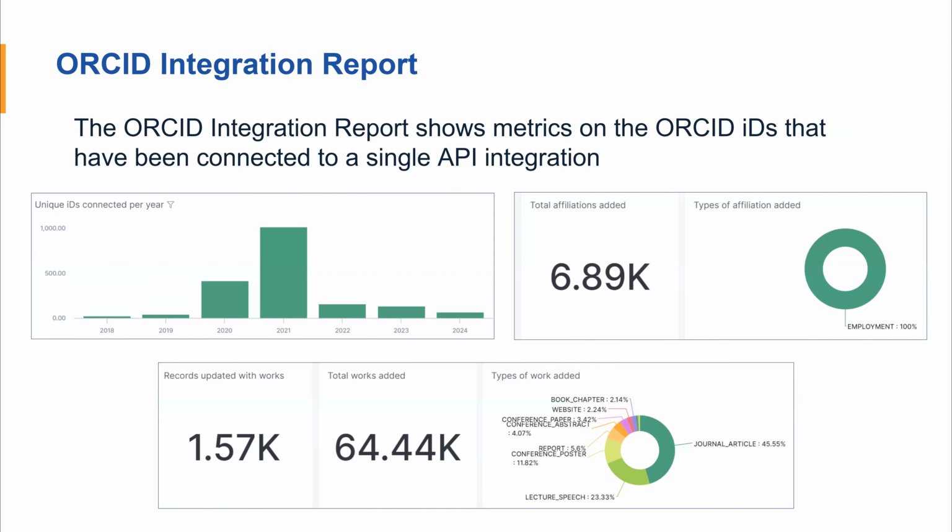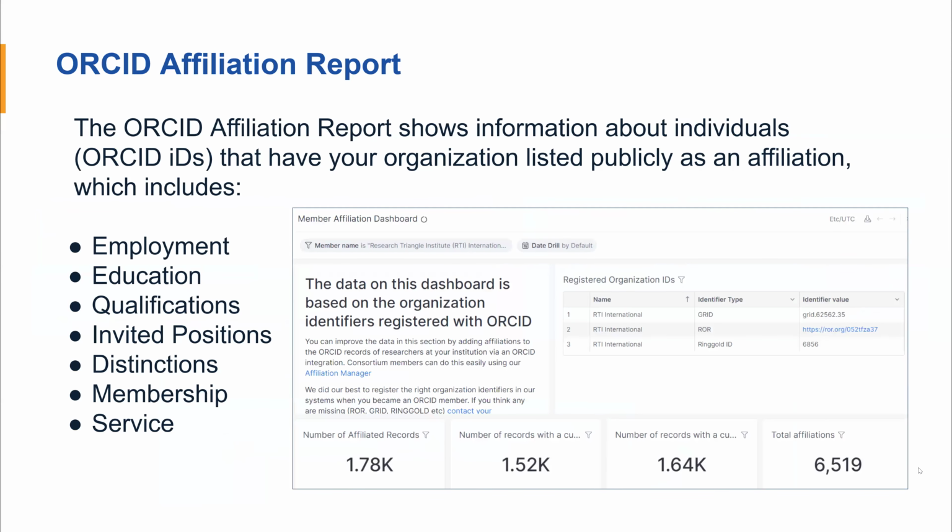And then finally, on the next slide, your affiliation report, which is also available through the member portal. This shows information about individual ORCID IDs that have your organization listed as some sort of affiliation on their ORCID record. So anything from employment to memberships, education, service, all of the different types of affiliations.